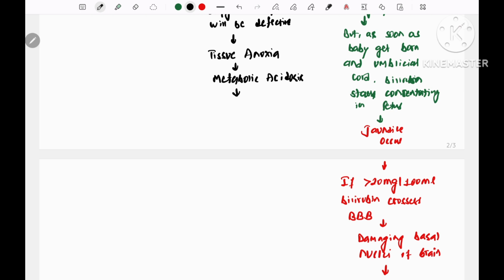But the placenta does not know that there is a defect in the RBC production, and there is a lot of RBC destruction.